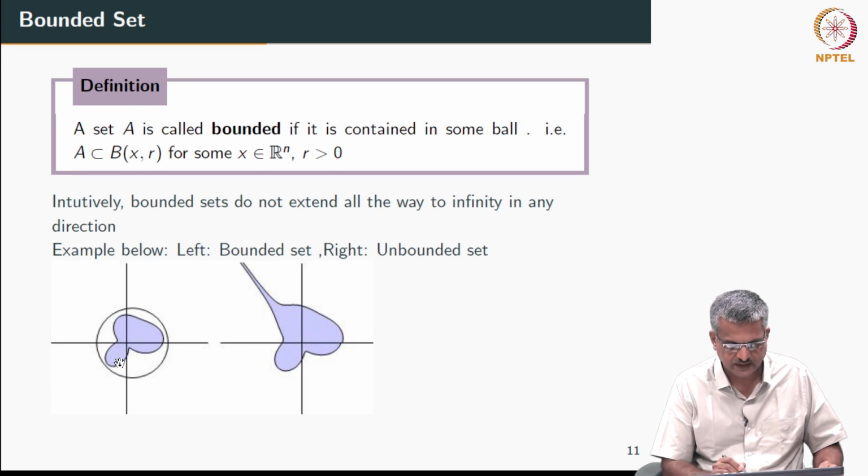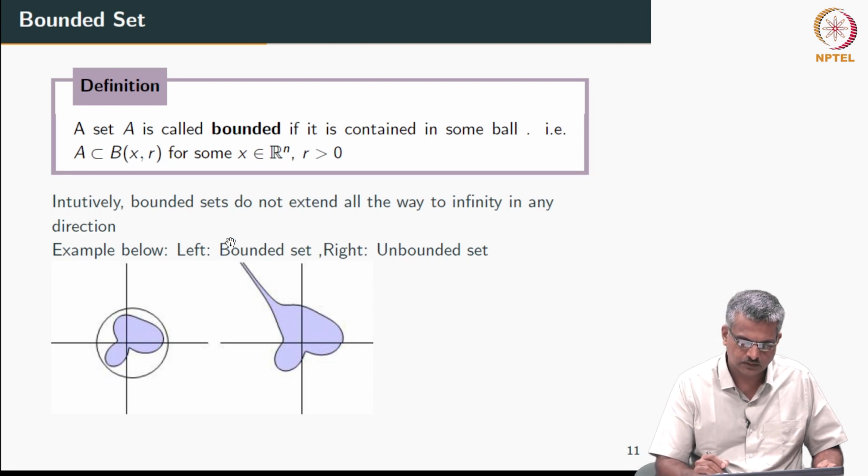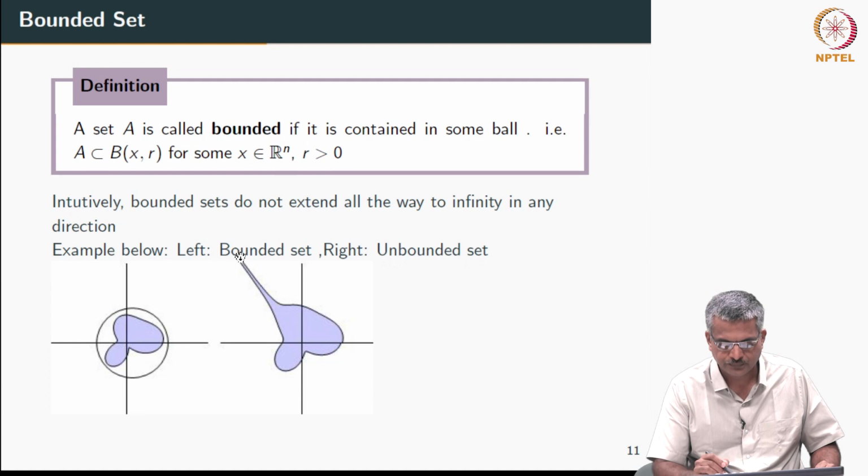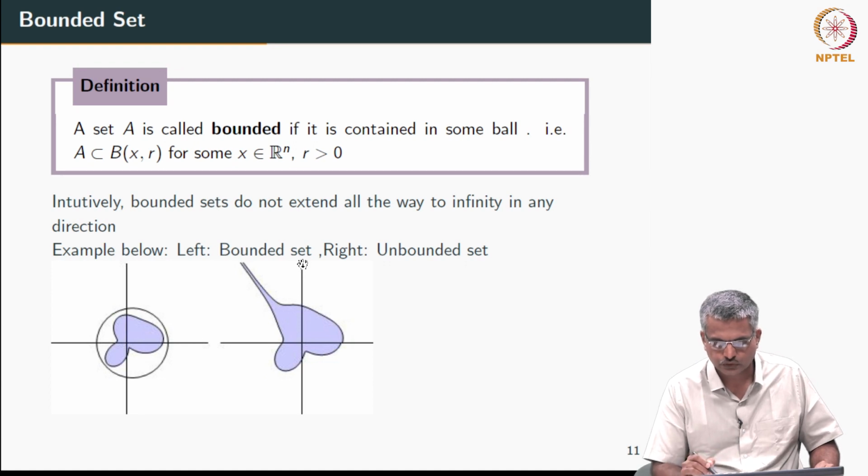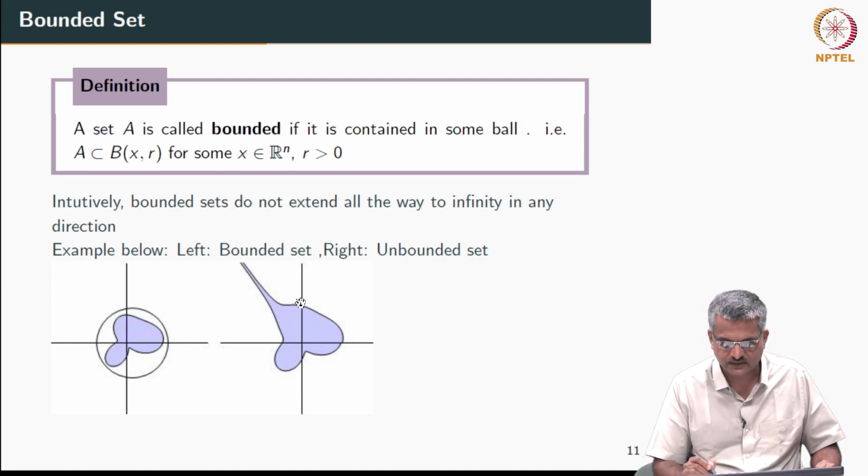This is a set A, and you can bound it with an open ball with some center and some radius r, whereas this set you can see is unbounded because this part continues infinitely, it opens up infinitely. You will never be able to find a center x and a radius r such that this set is contained in a ball.